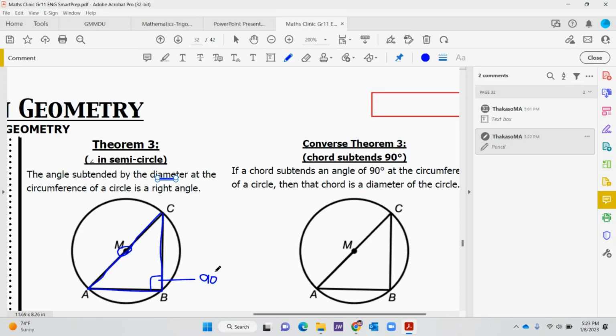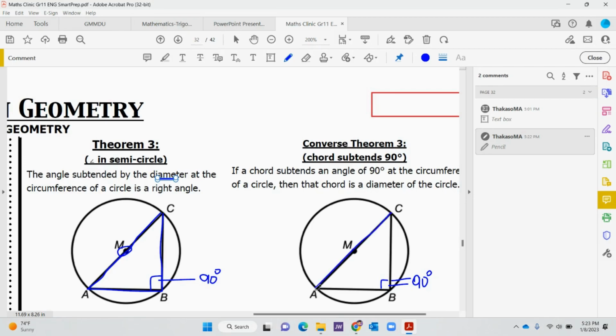And then the converse, or the opposite, is that if you have any angle that is equal to 90 degrees, then whatever chord is suspending it is a diameter. So let's check. ABC is 90. What's suspending it? It's suspended by chord AC.